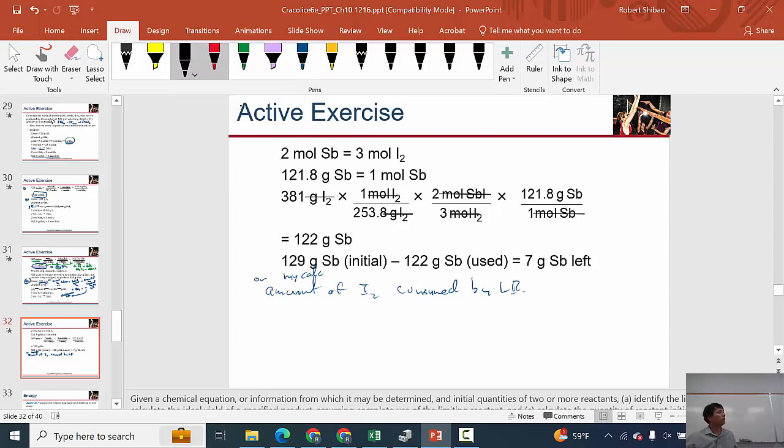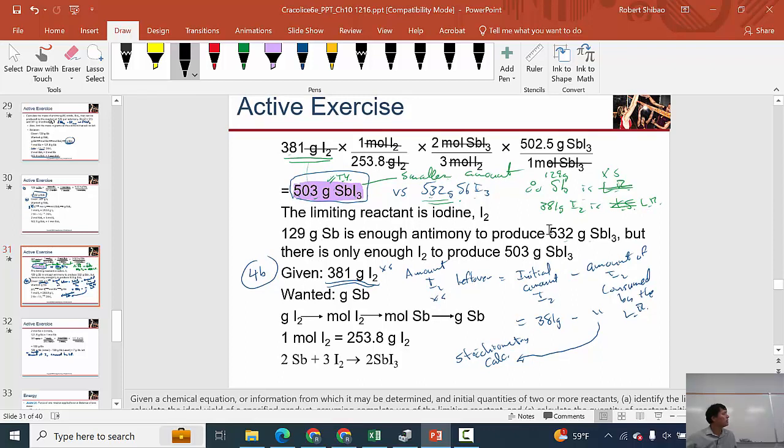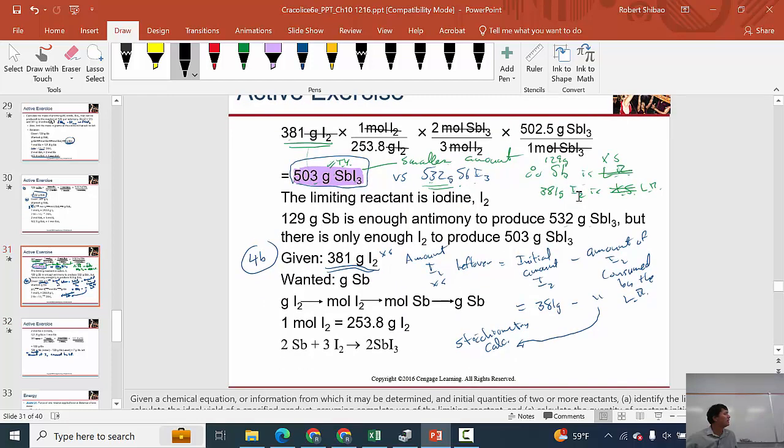Oops, am I doing it backwards again? What was the LR? Yeah, iodine. The iodine was the LR? Yeah. And the antimony was the excess. Oops, I did it again. Sorry. The excess was antimony.